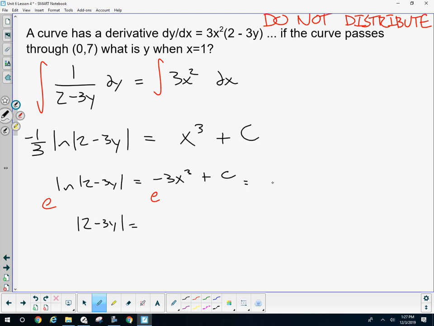This ends up being e to the negative 3x cubed plus c, which is c e to the c times e to the negative 3x cubed, which ends up being c e to the negative 3x cubed. If you understand why this turns into this, you can skip from here to there. You don't have to show every single step, but you need to understand the progression of this to this to this to that.